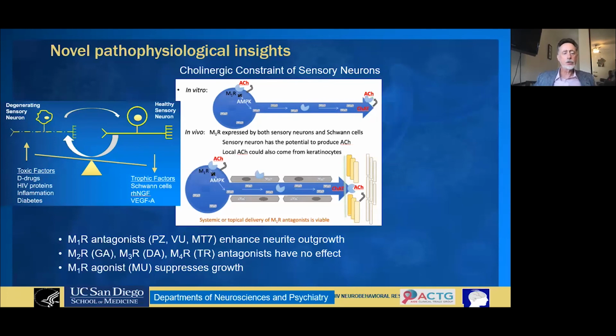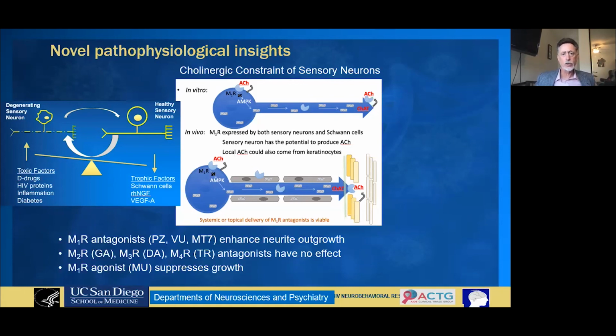Finally, I'll mention one of the novel pathophysiological insights. I told you that there are a variety of trophic and toxic factors that influence the balance between sensory neuronal health and degeneration. And it was recently discovered that M1 antagonists enhance neurite outgrowth.